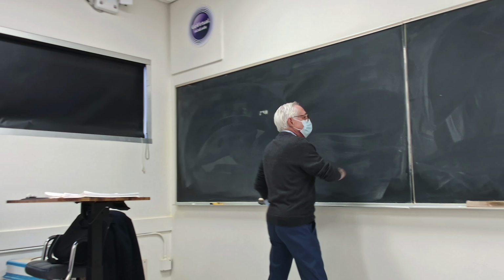Let me call it P, and P prime less than P. Imagine I have a process that I am here, saturated liquid, and I want to drastically drop the pressure using a valve like that, or we call it a throttling device.